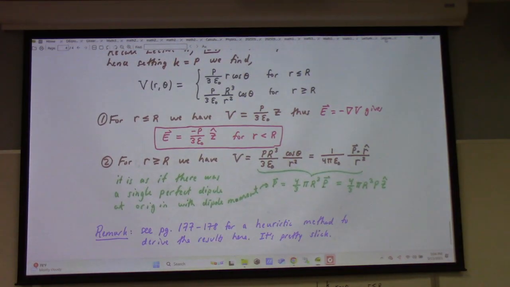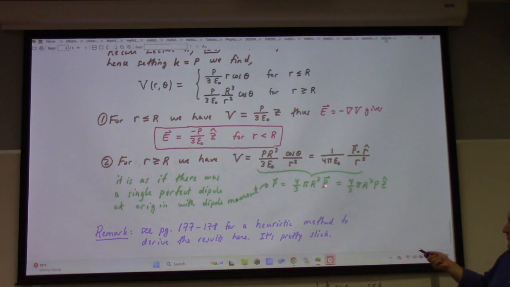But anyway, the electric field due to the polarization is just this. On the other hand, outside the sphere, we've got this formula, but you could also rewrite that as P dot r hat divided by r squared. It's as if there was a single perfect dipole at the origin, and the dipole moment, little p actually, is 4/3 pi r cubed times big P. So big P is dipole moment per unit volume.